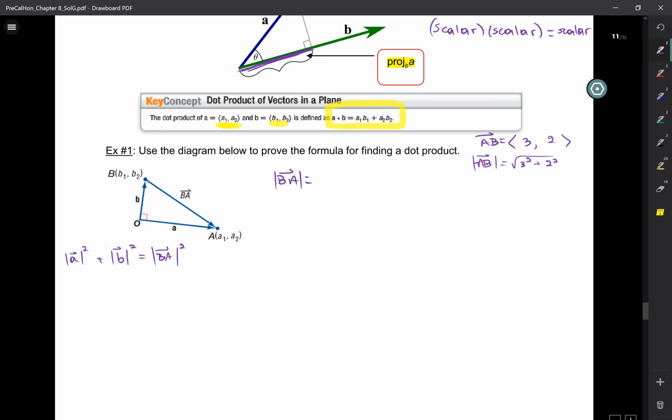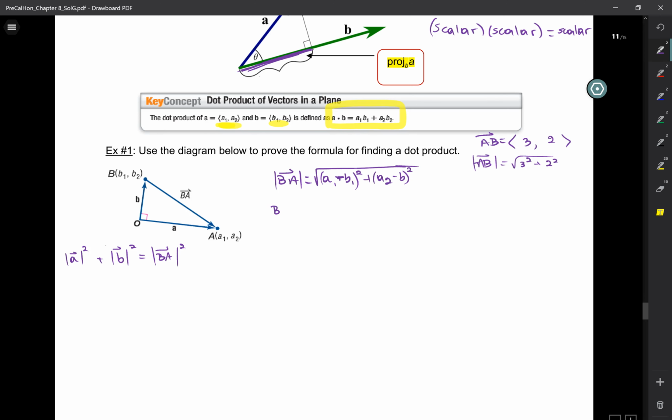Now, if I have the endpoints in coordinate form, then it was this minus this squared, that minus that squared, remember? So the magnitude of AB is the square root of (A1 minus B1) squared plus (A2 minus B2) squared. This is just section 2, okay?